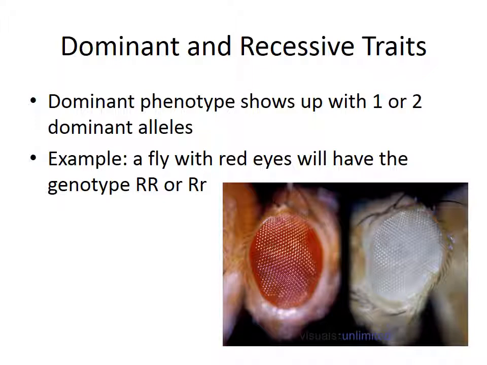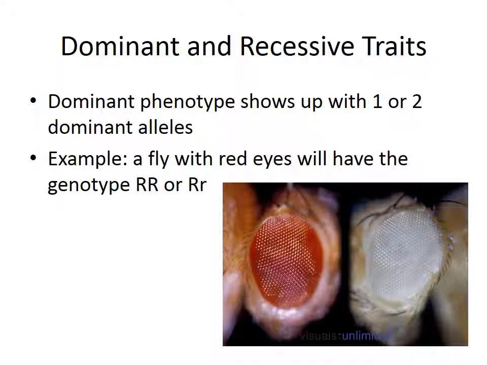So let's talk a minute about dominant and recessive traits. You may have heard these words before when it comes to genetics, and now we're going to define a dominant phenotype as a phenotype that shows up in an individual when that individual has either one or two dominant alleles. So for example, red eyes is a dominant phenotype in fruit flies.